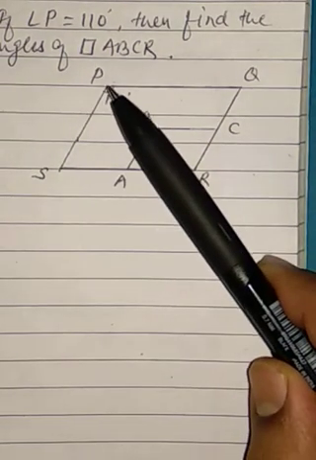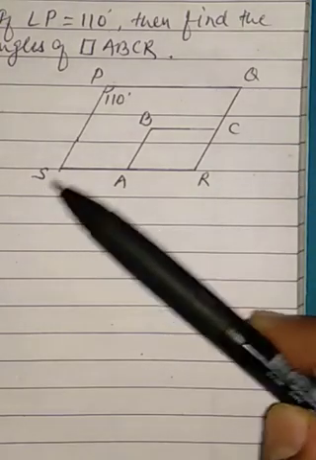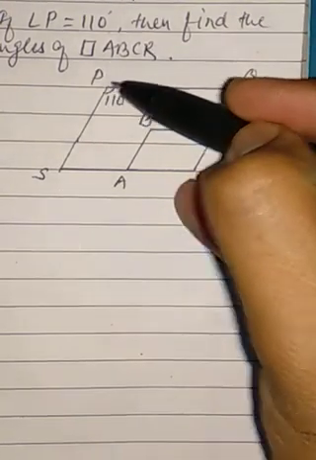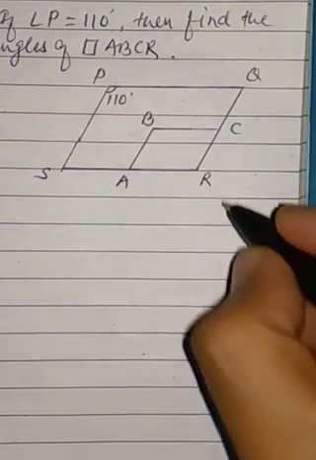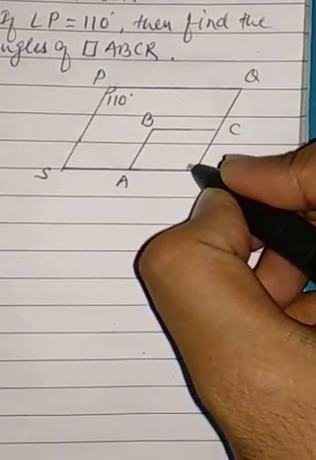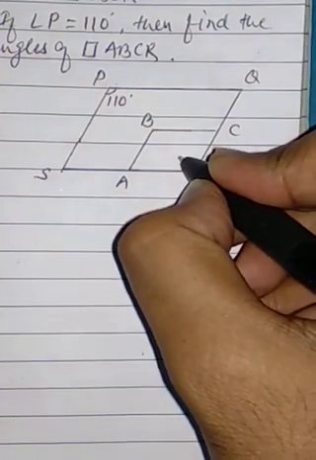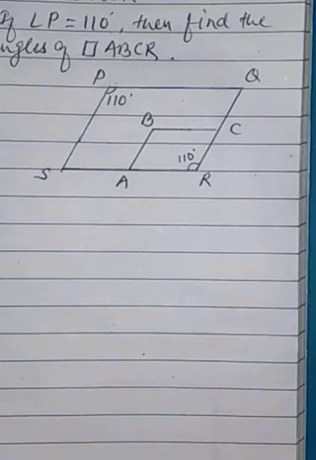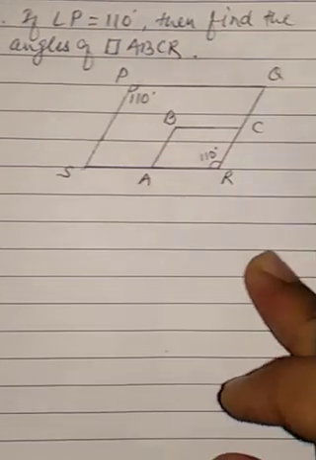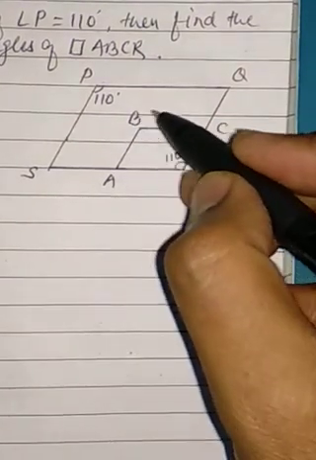Now if you look at only PQRS, then you can see here that angle P and R, they are opposite angles. So you know that opposite angles of parallelogram are congruent. So you can write here angle R is 110. Okay, now let's forget about PQRS. Now look at ABCR.